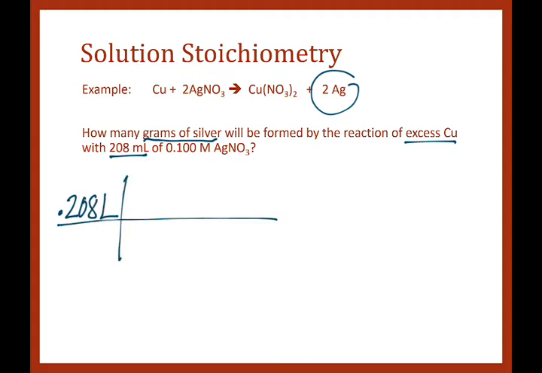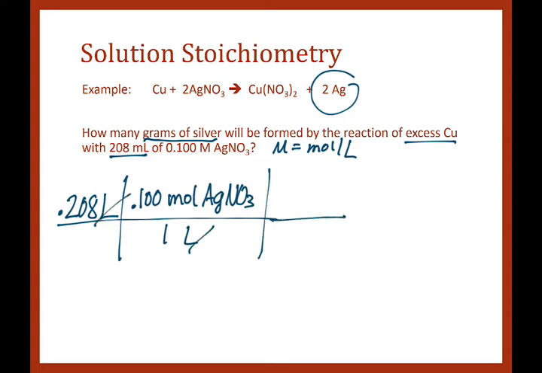I'm going to multiply by the molarity. Remember, molarity is the same thing as moles per liter. So that's going to be 0.100 moles of AgNO3 over 1 liter of solution. Okay, so my liters are going to cancel out. Now I'm in moles, so I can go to my balanced equation and see 2 moles of AgNO3 would give me 2 moles of silver.